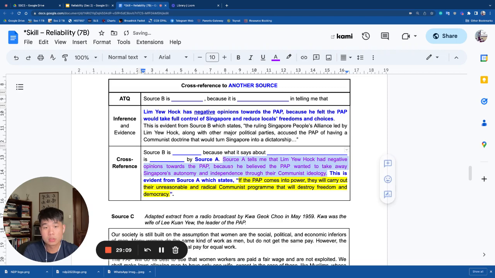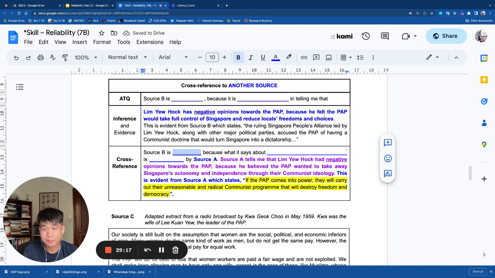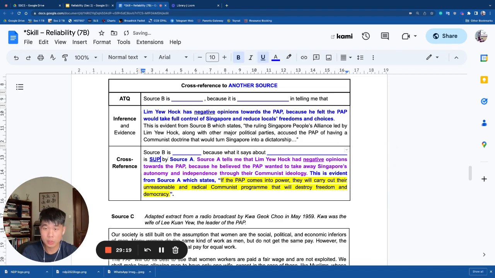Okay. So this would be what source A says. There's a match because there's negative opinions. And so, in other words, it is supported, right?